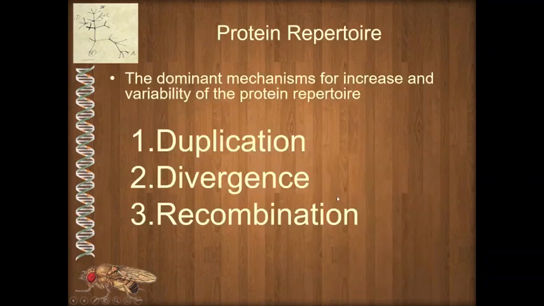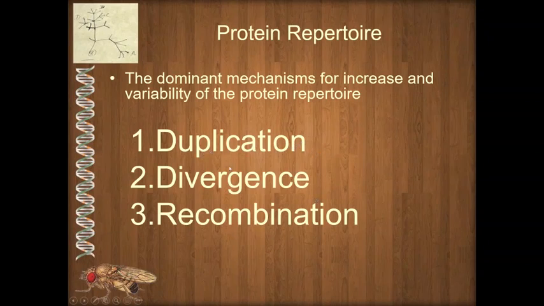So that can make a different function. Or we could even have duplication of the entire gene so that we have two copies of that protein. But duplication of the entire gene is really the only way that we get more and more genes. It's very rare for genes to evolve de novo, but they can, and we'll look at that later.